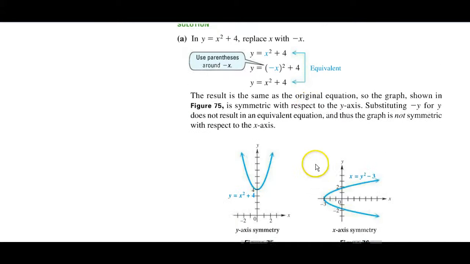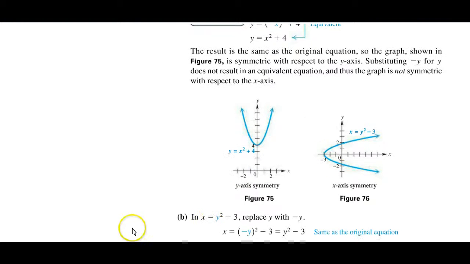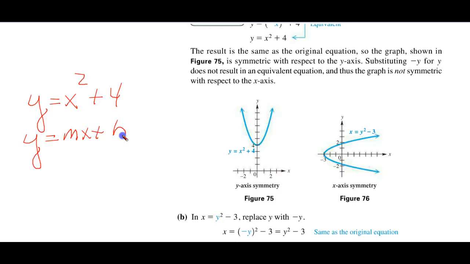y-axis. Now, what is nice about our textbook is that they then show you the example. Let's analyze this one just a little bit. Here, our function is y equals x squared plus 4. And we did say, if you recall, y equals mx plus b.